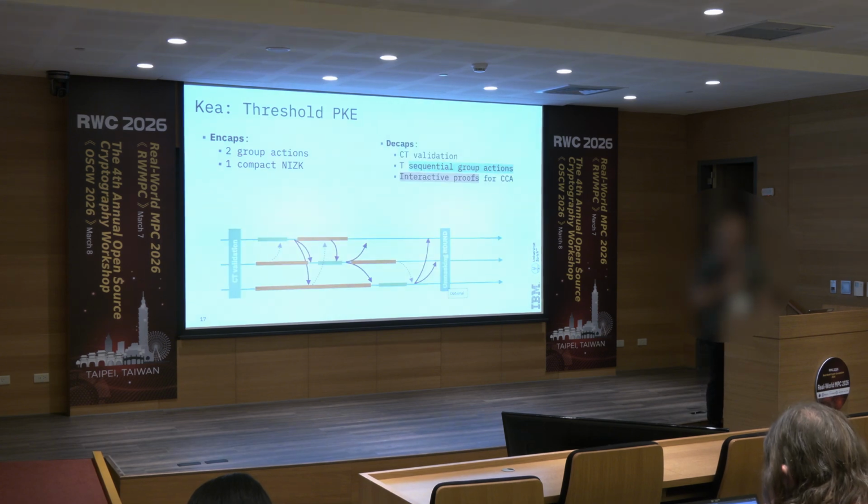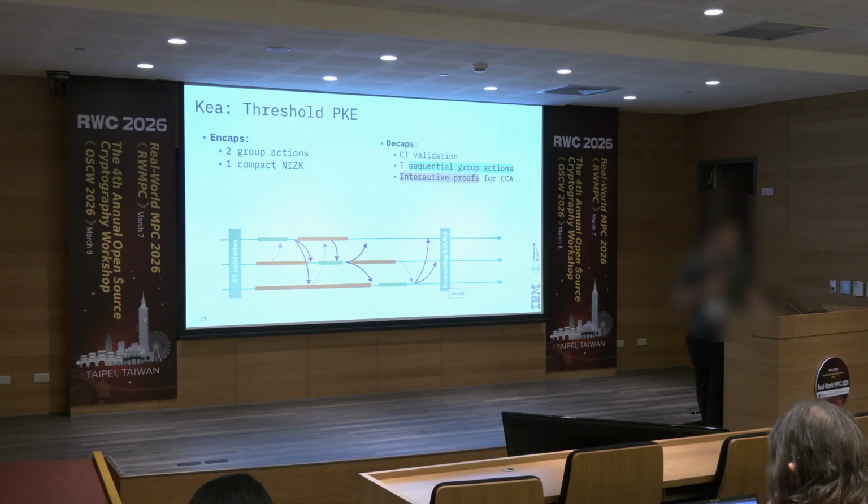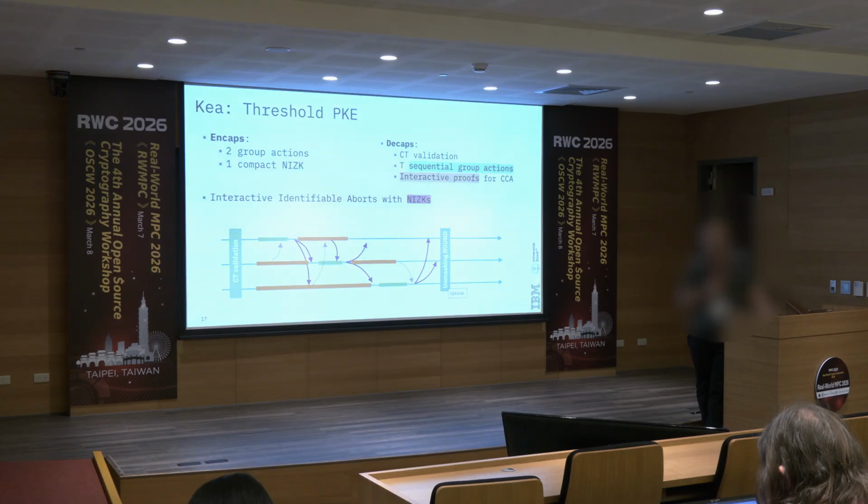And then we need to perform the decapsulation, which this time needs to be sequential because it really needs to compute one group action. And you need to combine some sequential group action with interactive proofs. And eventually, if one of the users cheats during the decryption phase, you can still check who was the one who cheated using non-interactive zero-knowledge proofs.